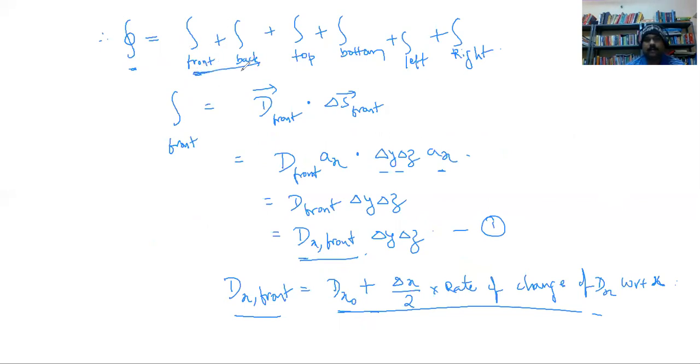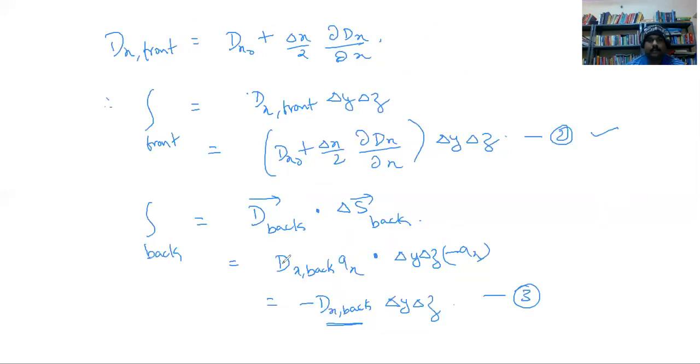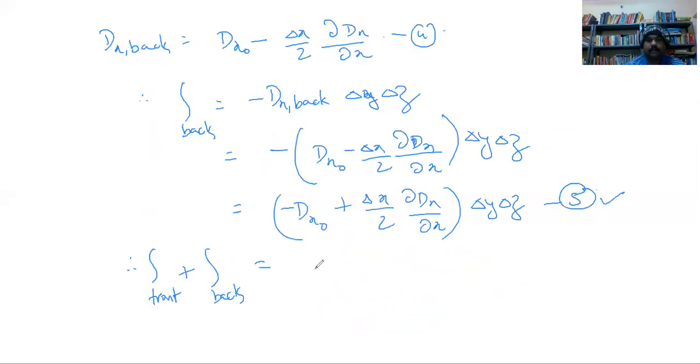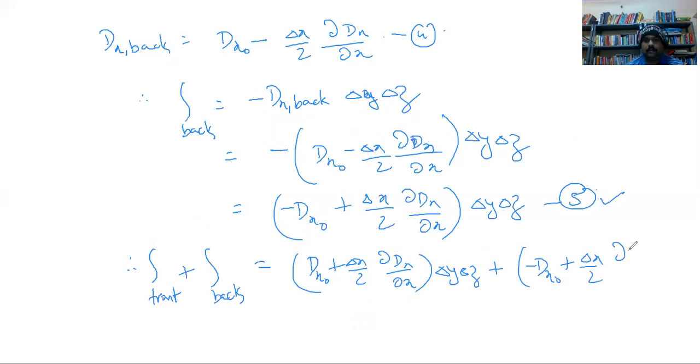So front and back integral we are adding. What are we going to get? Dx naught plus delta x by 2 dou Dx by dou x delta y delta z plus minus Dx naught delta x by 2 dou Dx by dou x delta y delta z.